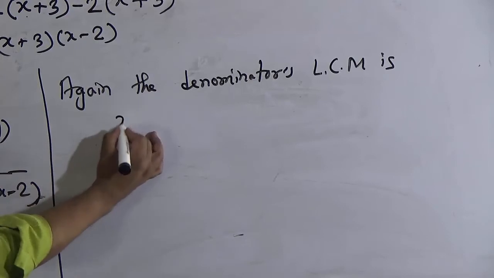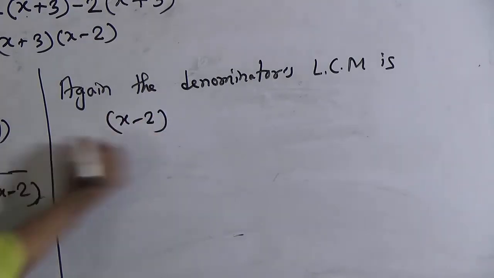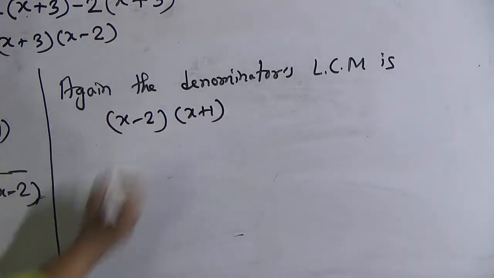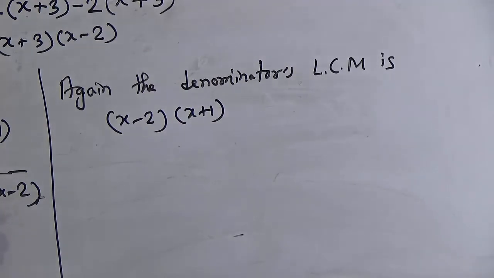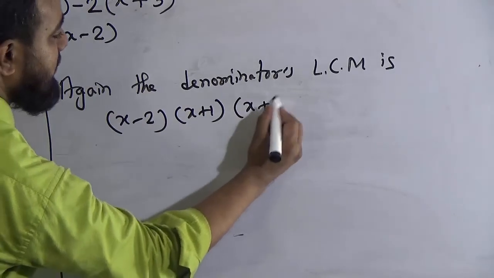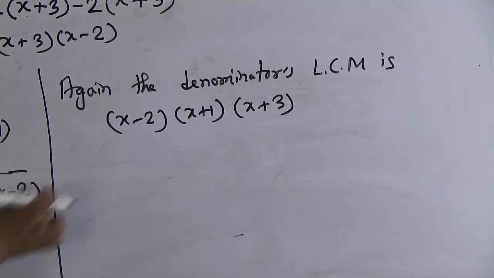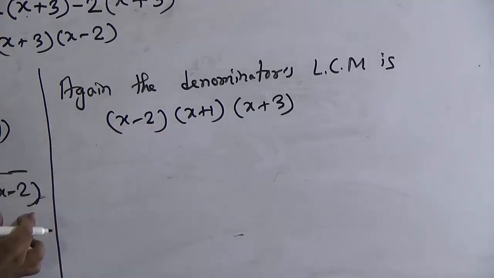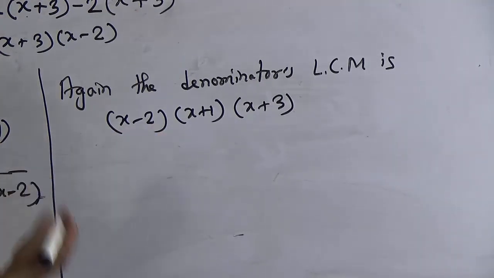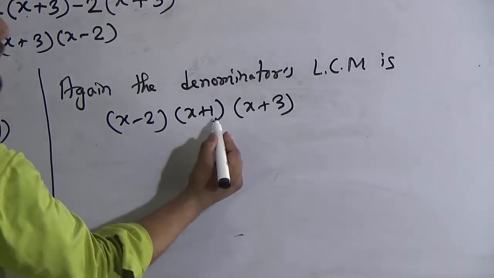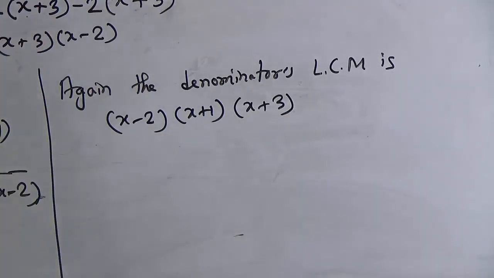So you can take x minus 2, x plus 1. Now x plus 3 we need to take, because x plus 3 was not a term here. So x plus 3 will be one term, and x minus 2 will be there, but this x minus 2 is already taken, so we can't write it again here. Okay. So our LCM is x minus 2 into x plus 1 into x plus 3.